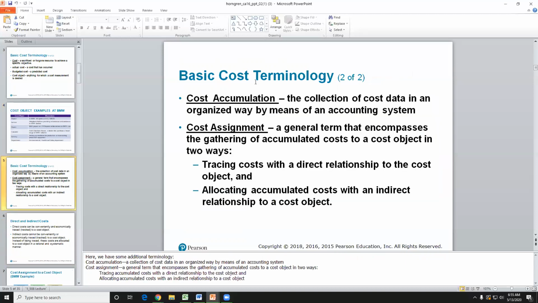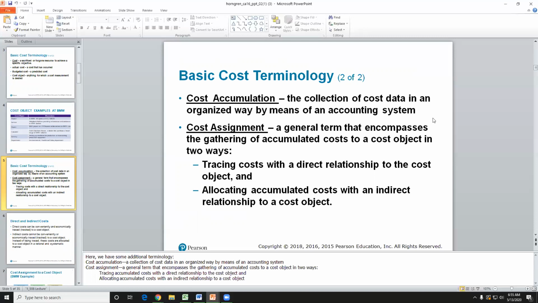So when we talk about basic cost terminology, we have something called cost accumulation. Usually if I'm manufacturing something, it starts out as raw materials, goes through work in process, and becomes a finished good. So I have to accumulate cost all along the process. And as I incur costs, I have to assign those costs to a particular cost object.